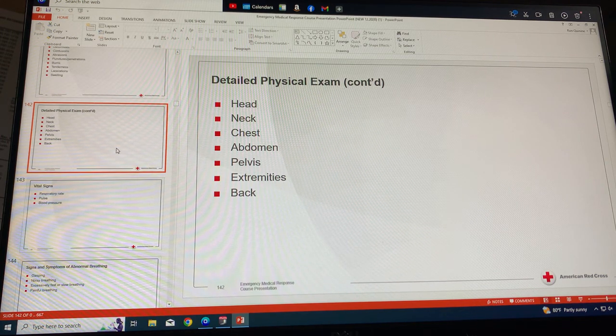So this is a detailed physical examination continued. Let's address the head. To check the head, gently feel for any deformities. If you feel a depression or soft area, do not place any pressure over the area.